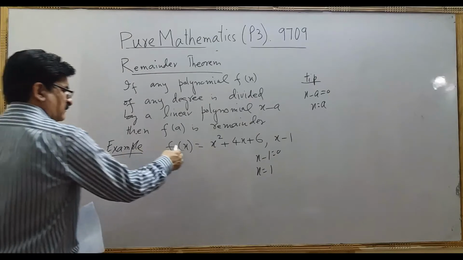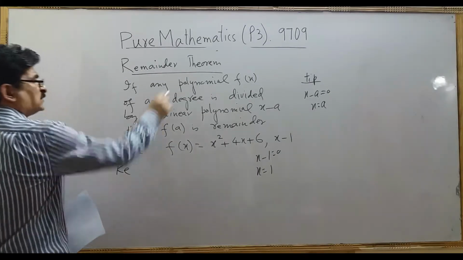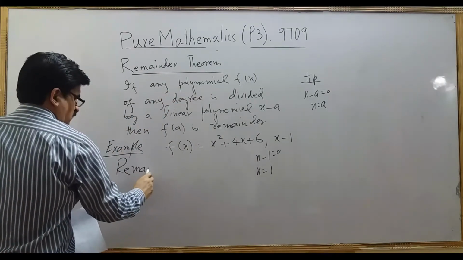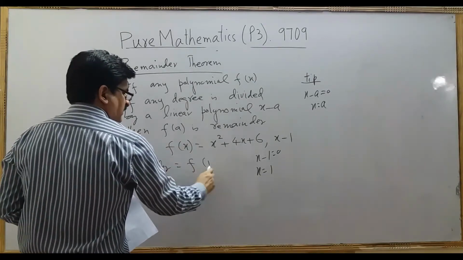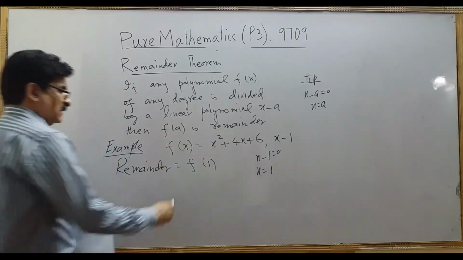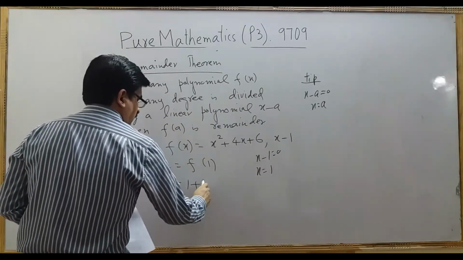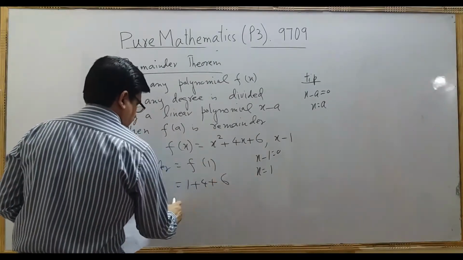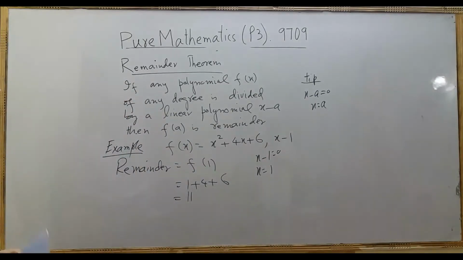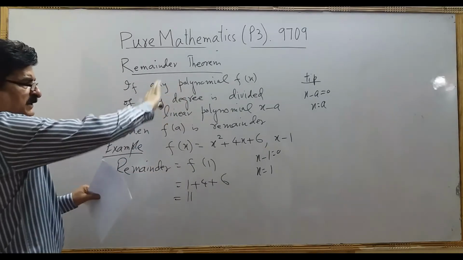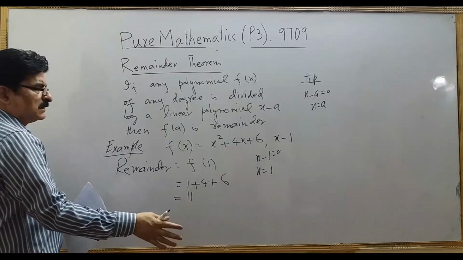So the remainder will be, according to this theorem, the value of this polynomial at x equal to 1. So you put 1 plus 4 plus 6. This is 11. Here I am not doing the algebraic long division.